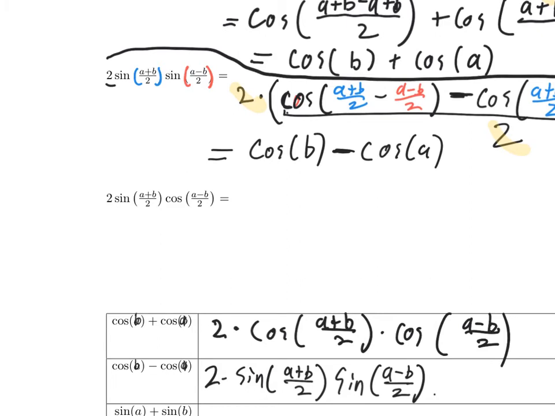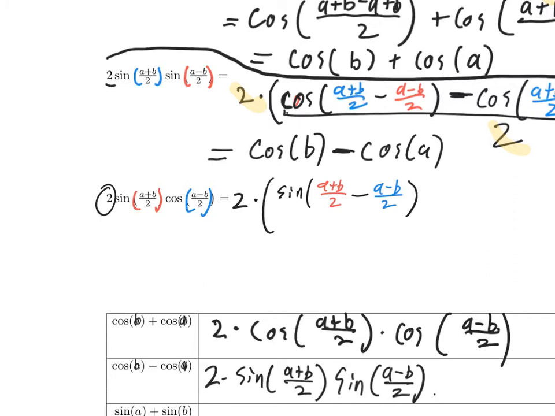So red term, blue term. So this will be 2, because of this 2, times, big parentheses, the sine of the difference, the sine of red, a plus b over 2, minus a minus b all over 2.